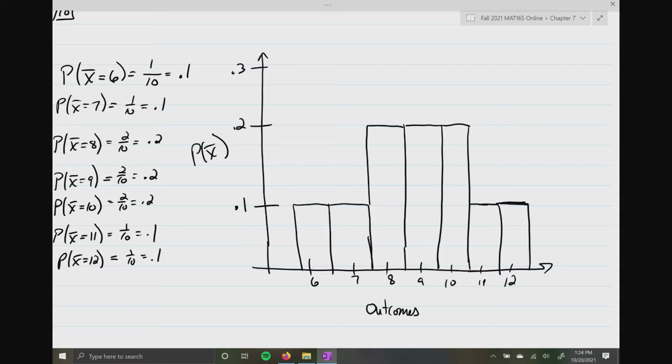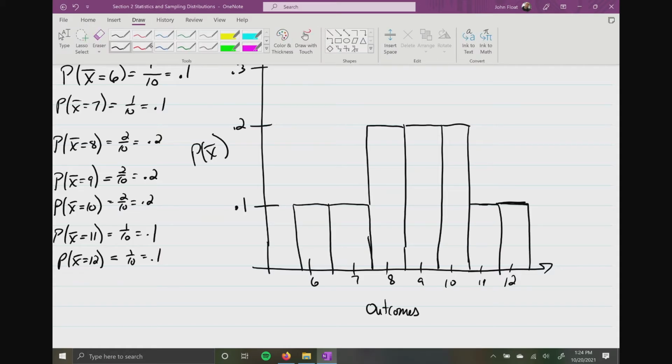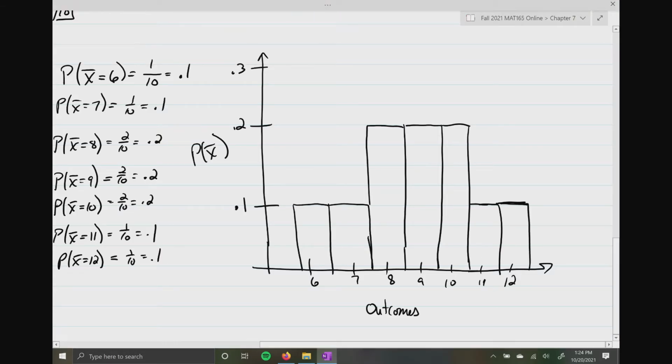And notice that although it's not perfect, because we have a very, very small population, only 5 numbers, this basically has a bell-shaped curve from chapter 6, which is exactly what we want with a normal distribution.